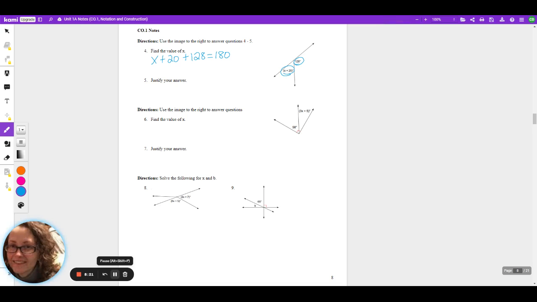Let's go ahead and solve this one. 20 plus 128 gives us 148. Bring down your x. I want to get all of my numbers onto one side, so I'm going to subtract 148 from both the left and the right, and I get x equals 32.